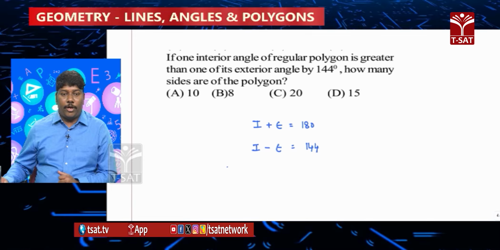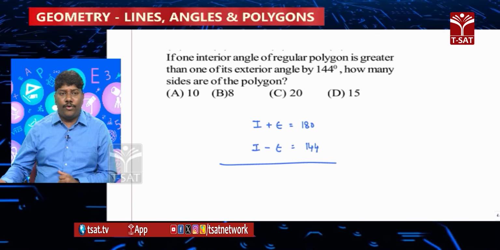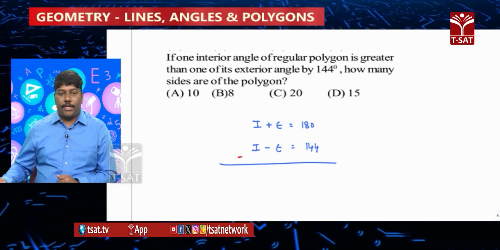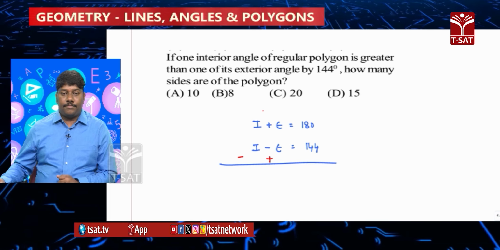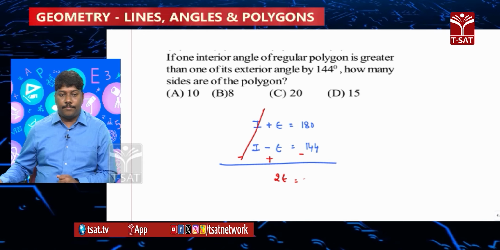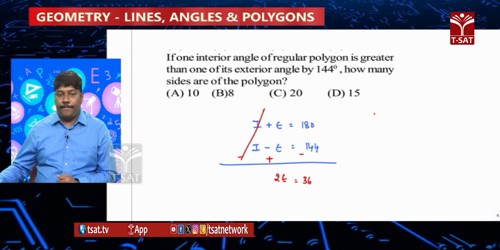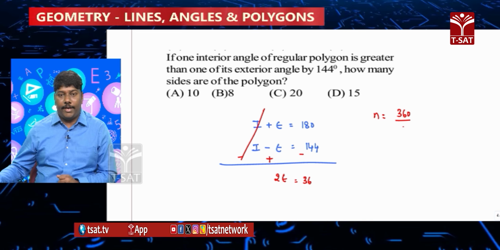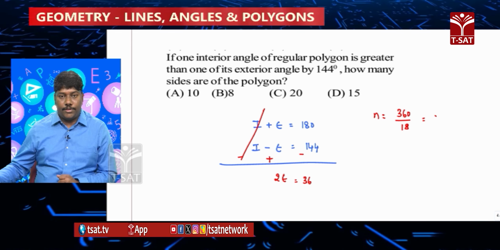So how many sides of the polygon? In order to find out the sides of the polygon, don't find interior, find out the exterior angle, cancel it. So 2 into exterior is equal to 36, exterior angle is 18, therefore the number of sides is equal to 360 divided by 18, which is equal to 20 sides.